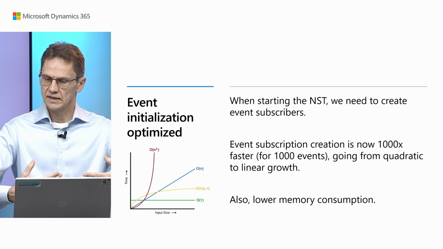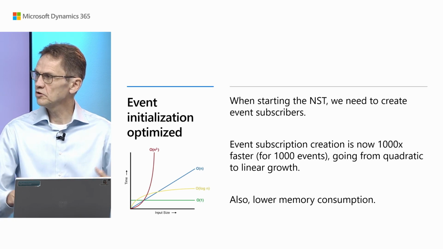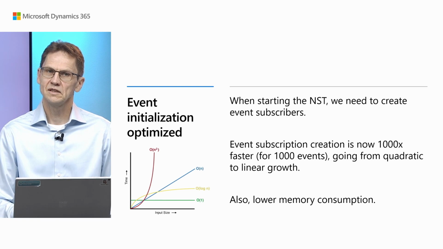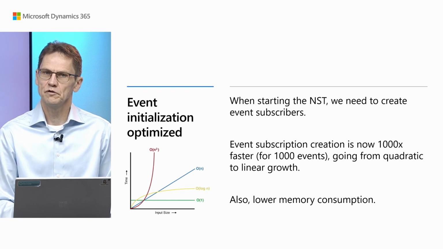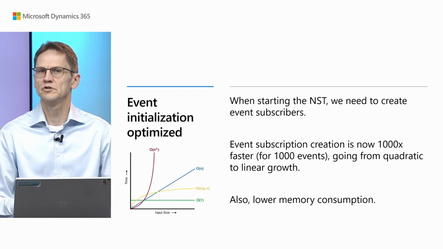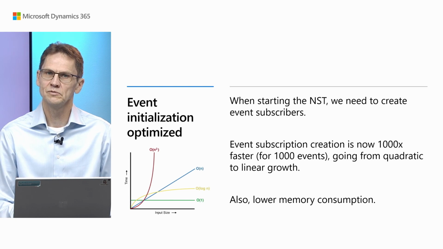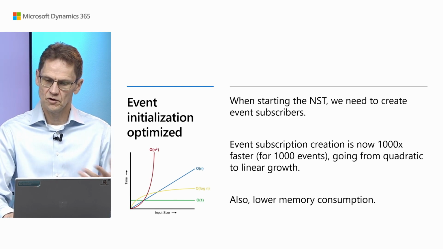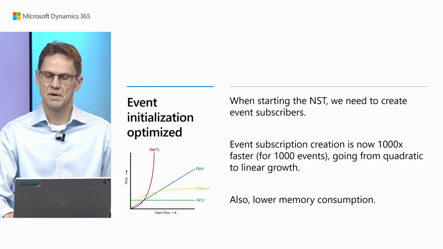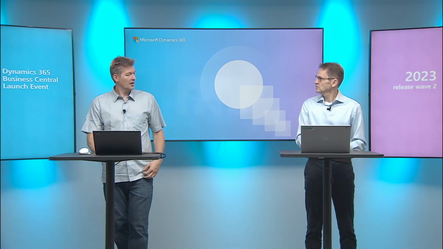For very busy nodes with a lot of tenants, it means up to 1,000 times faster. You will only see this difference if you are running an on-premise solution for multiple customers, in which case you would also benefit from this change. It also means that we use less memory. That's basically it for the runtime. It's not been our main topic this release.